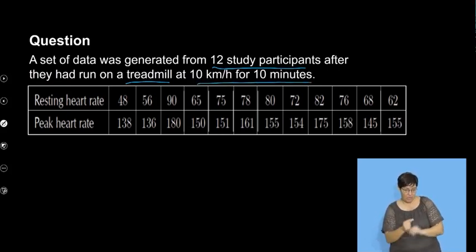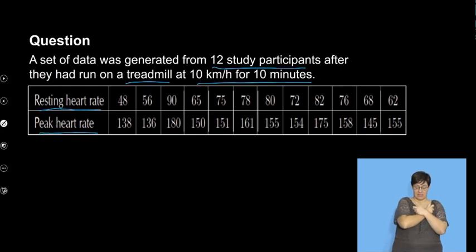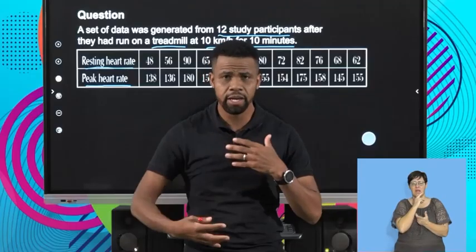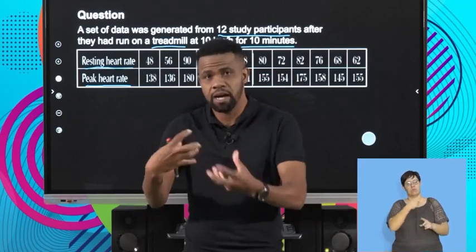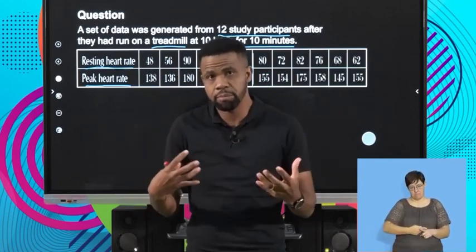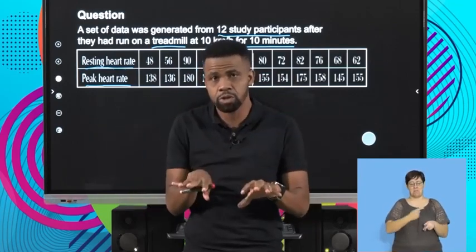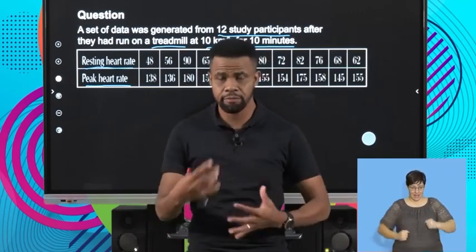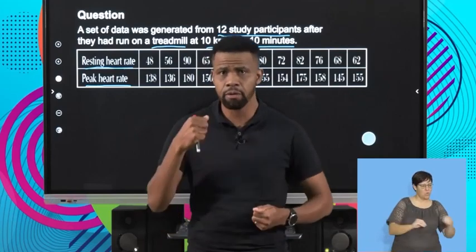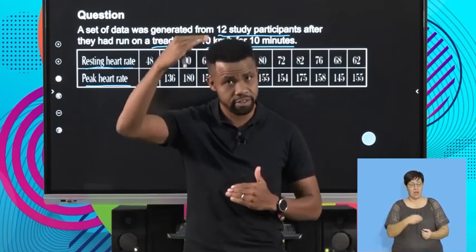So what we have here is the resting heart rate and the peak heart rate. Resting heart rate is when I'm not doing any exercise or walking, my heart is pumping less blood into the body, so the heart rate is lower. The moment I start engaging in exercise or moving, the heart rate increases.